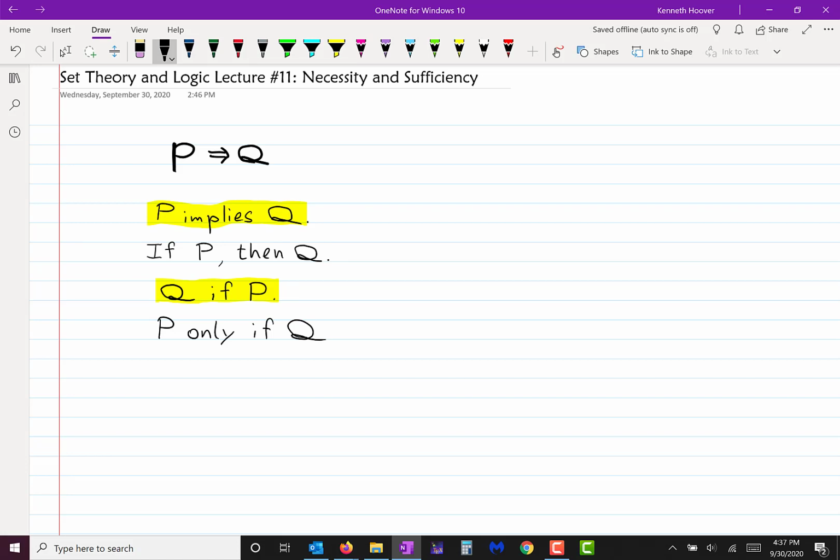So we can say P is a sufficient condition for Q. Okay?